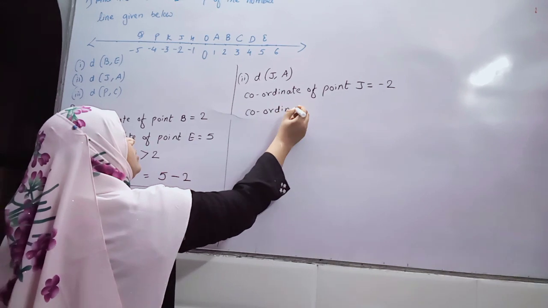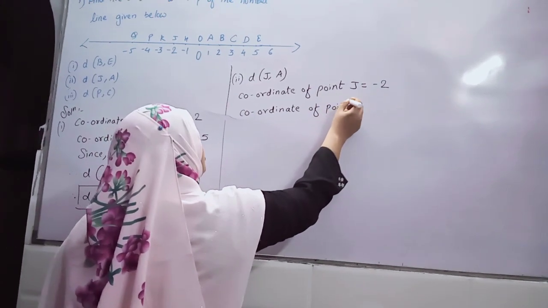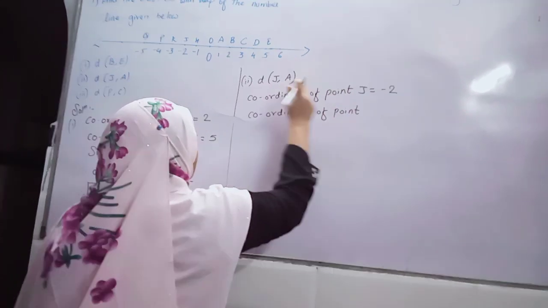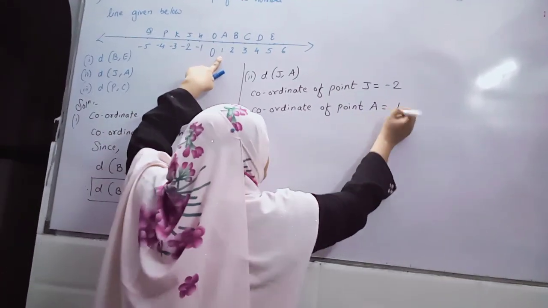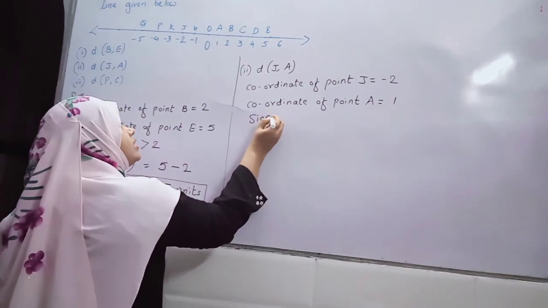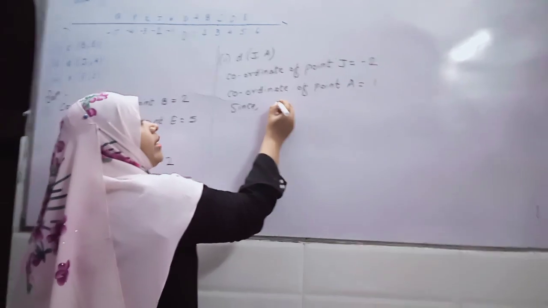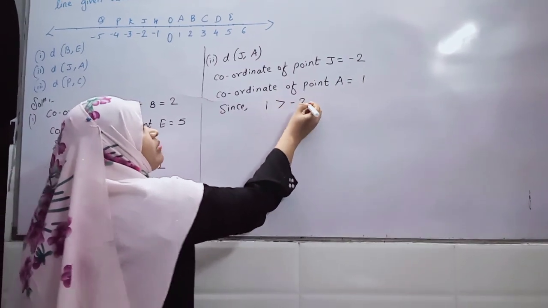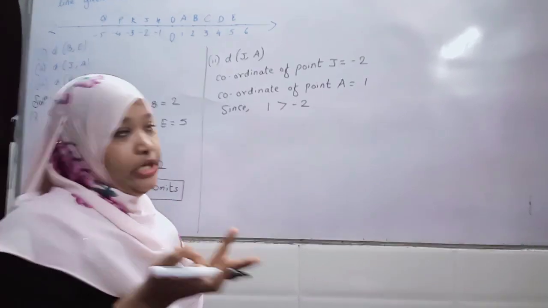And the coordinate of point A is 1. Which number is bigger? Number 1 is bigger than minus 2. A positive number is always bigger than a negative number.